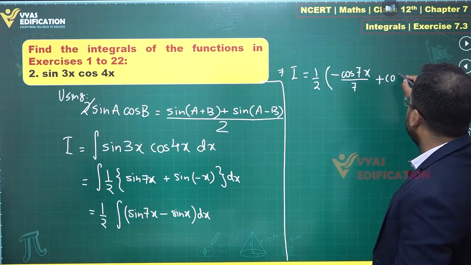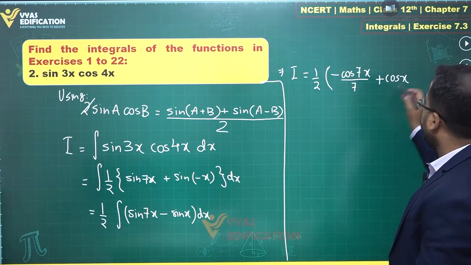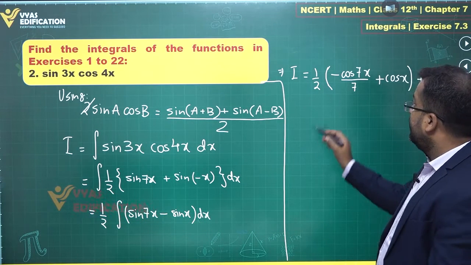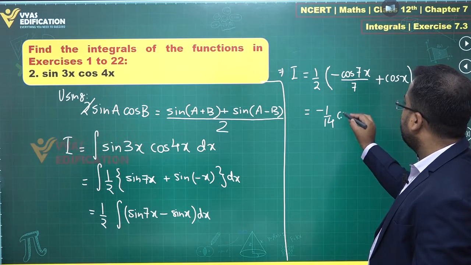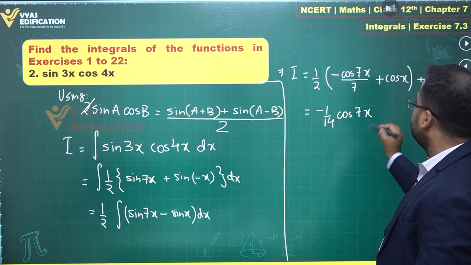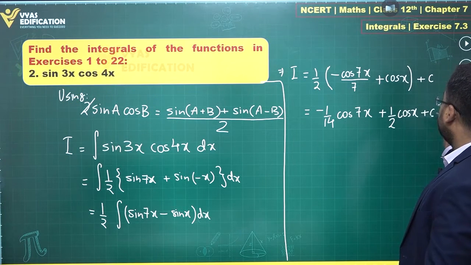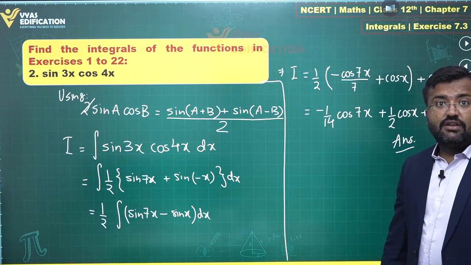This becomes plus cos x. And do we need to divide by something over here? No, we don't need to divide by anything. Plus a constant. That's what you have, right? So what does this convert into? This is minus 1 by 14 cos 7x plus 1 by 2 cos x plus constant, and yes, that's the required answer for this particular question, as you can see over here.